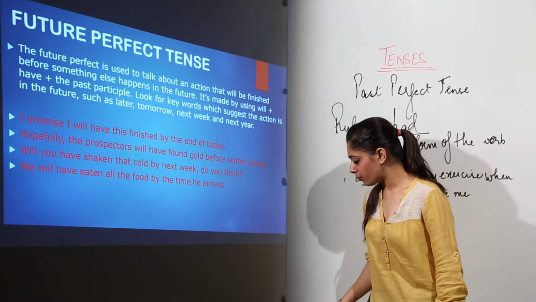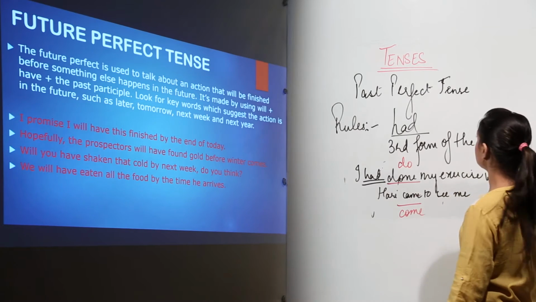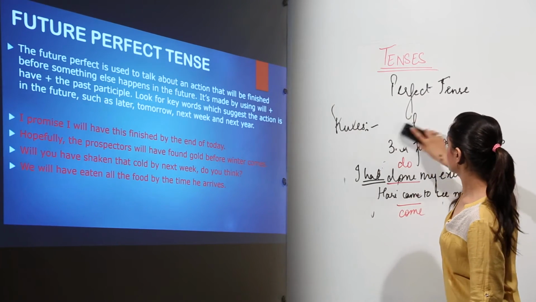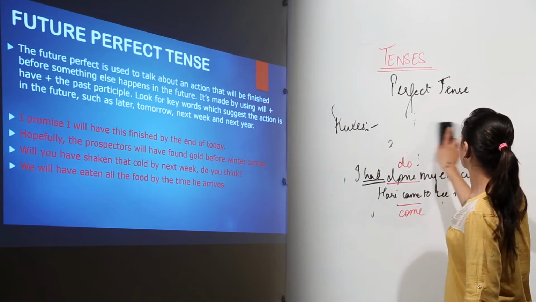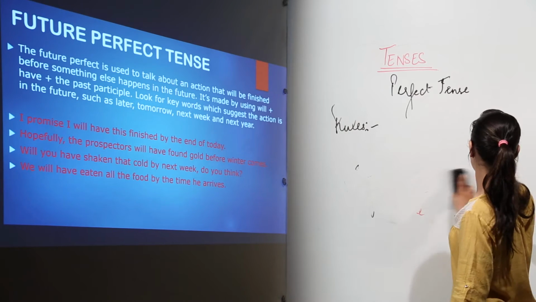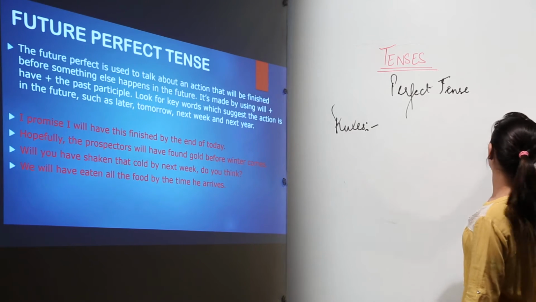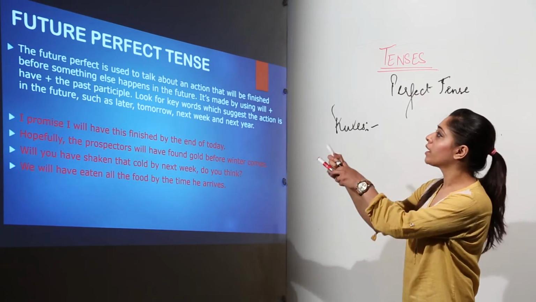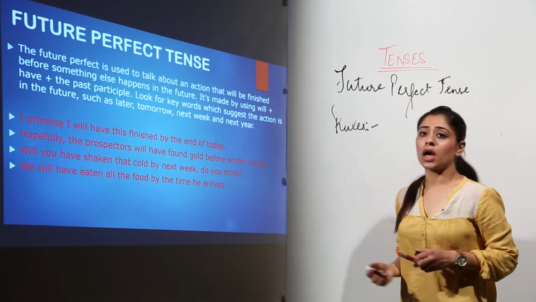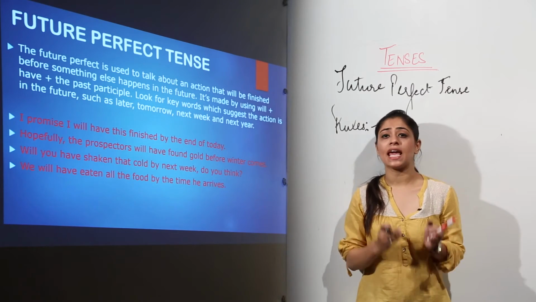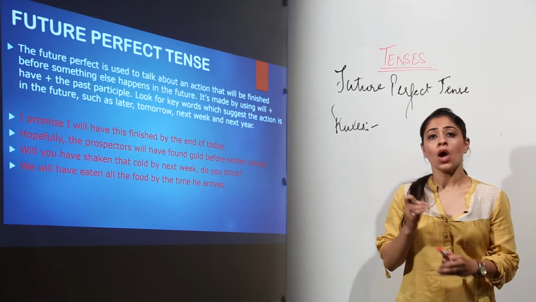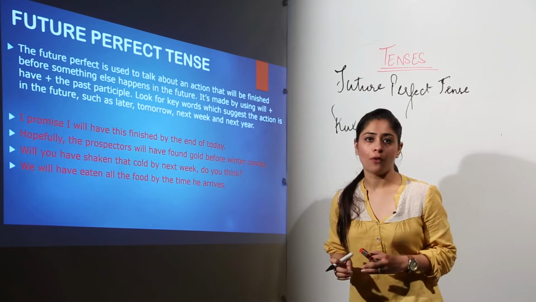Now let's see this on the board with rules. Okay, now we are talking about future perfect tense. Here we are talking about an action that will take place in the future but will have been completed before another action follows.